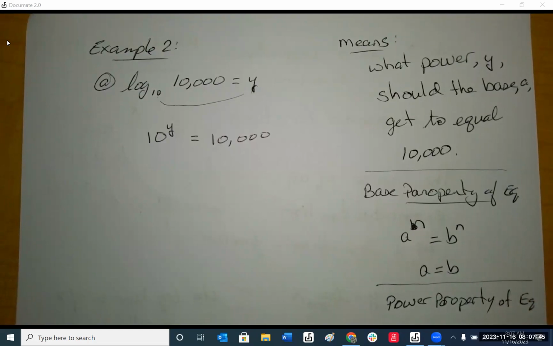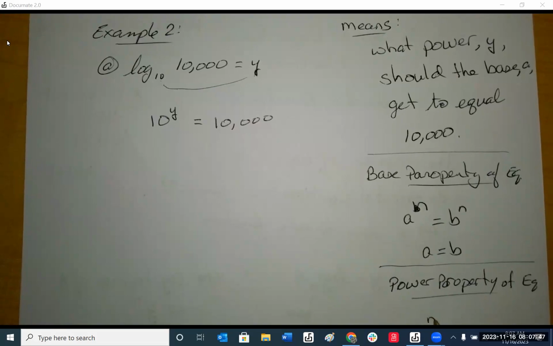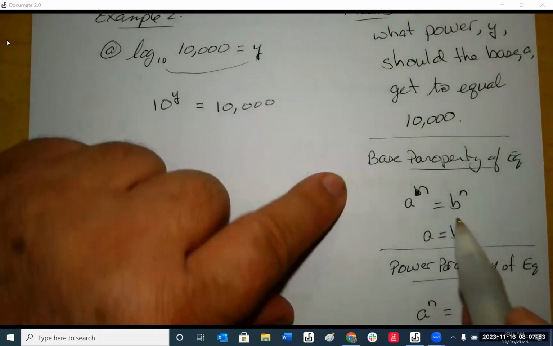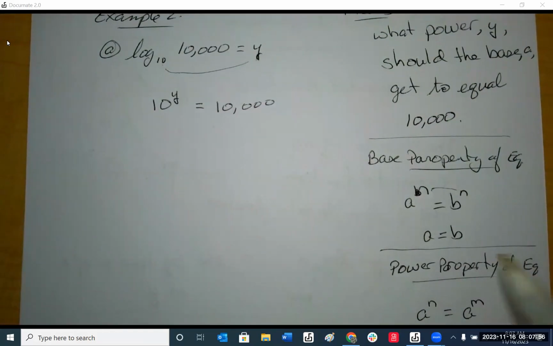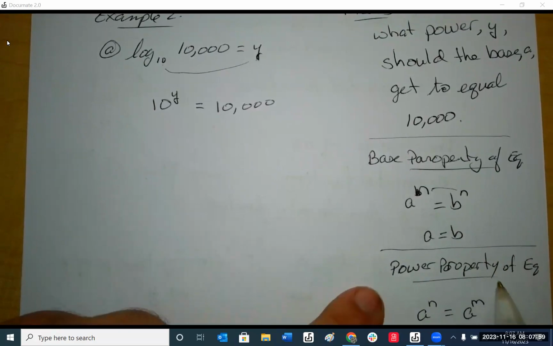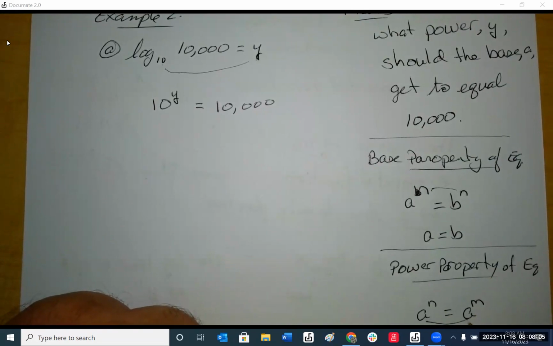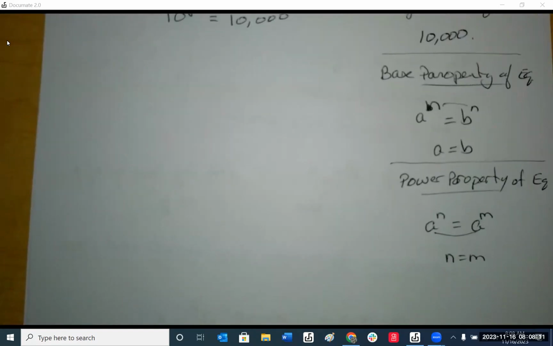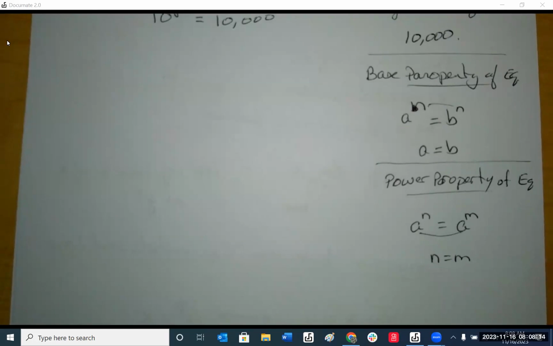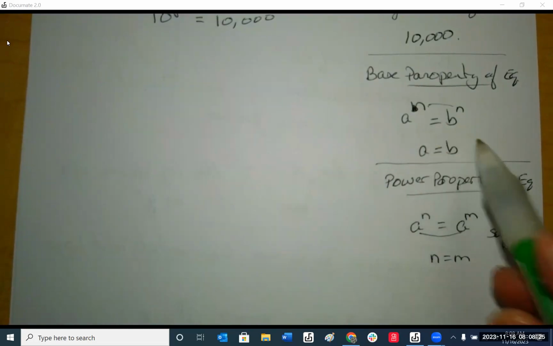Then the power property of equality says if I have the same bases, then the exponents must be the same. So same bases means the same exponents. The same exponents mean the same bases.